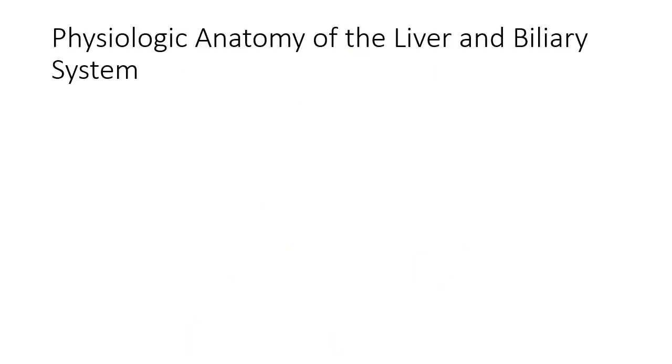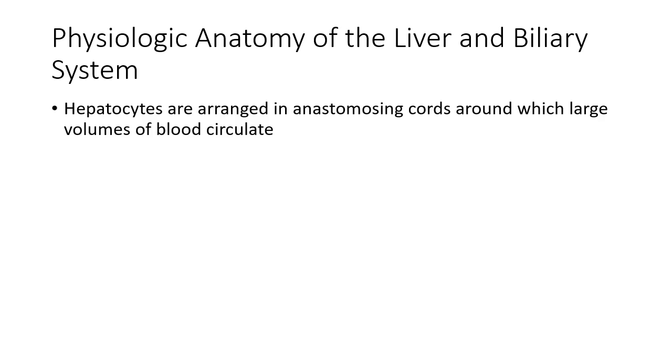Next, aside from the function, let's go a little bit into physiologic anatomy of the liver and the biliary system. Hepatocytes are arranged in anastomosing cords, but in pathology we usually call them plates, around which large volumes of blood circulate or flow through.